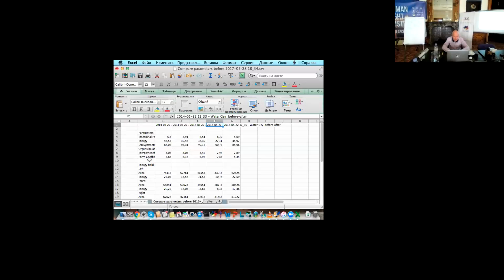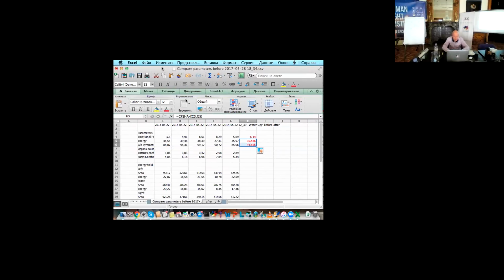Those are different parameters. So I can create, for example, statistics. So, for example, I can create average. And let's make it like red. It's a very bad screen, but still okay, it doesn't matter.